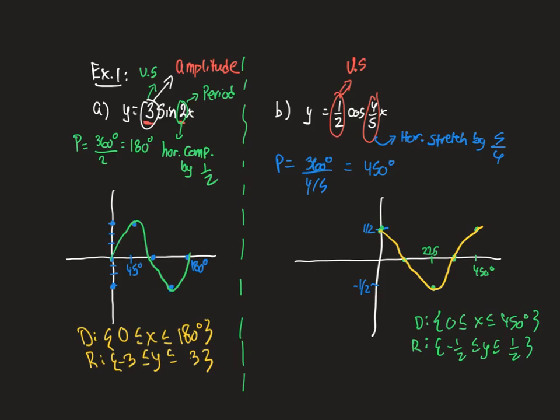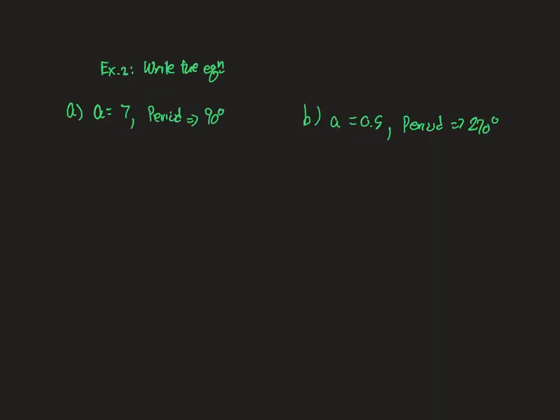Okay, so let's take a look at another example or two. This example is a little bit different. Now it's asking you to write the equation with the given information. So it's telling me that my A, hence my amplitude, is 7, and my period is 90 degrees. Well, to find my K value, remember my K value is 360 degrees divided by whatever my period is.